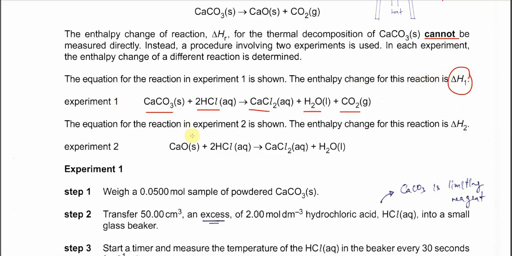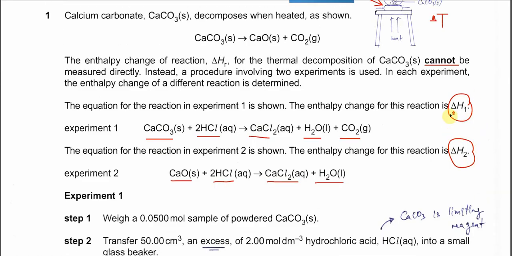Then another experiment involves calcium oxide with the same acid to form calcium chloride and H2O. The enthalpy change for this experiment 2 is delta H2. By using these two enthalpies, we can get the enthalpy change of the reaction. Later we discuss using the calculation.